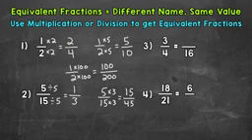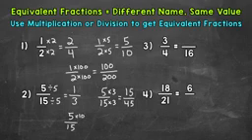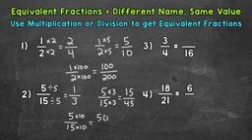And then lastly, let's multiply by 10. So times 10, times 10, and we get 5 times 10 is 50. And then 15 times 10 is 150. So 50/150, another example of an equivalent fraction to 5/15.